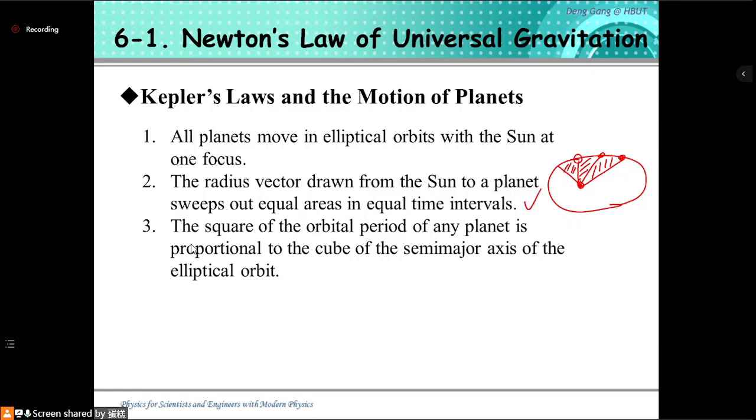The third one: the square of the orbital period of any planet is proportional to the cube of the semi-major axis of its elliptical orbit.